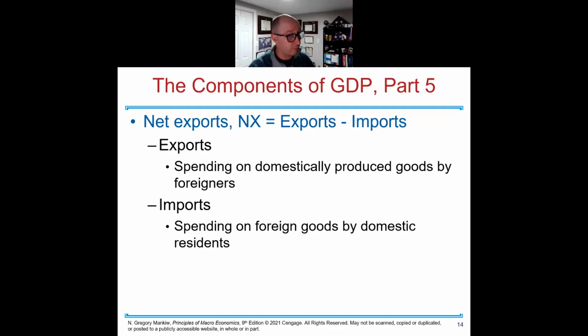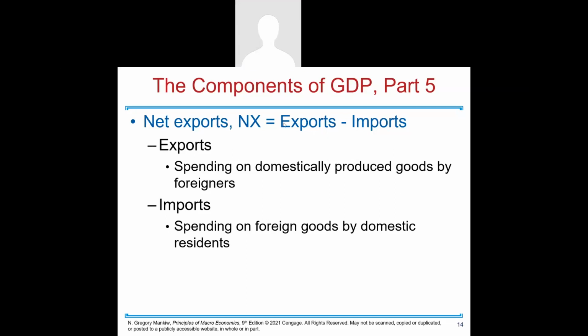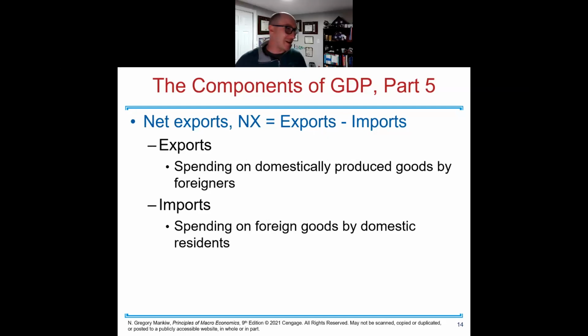Where do we import them from? Japan and other countries that are really good at producing electronics. We import those to the United States. So that's the example. Exports minus imports equals net exports.